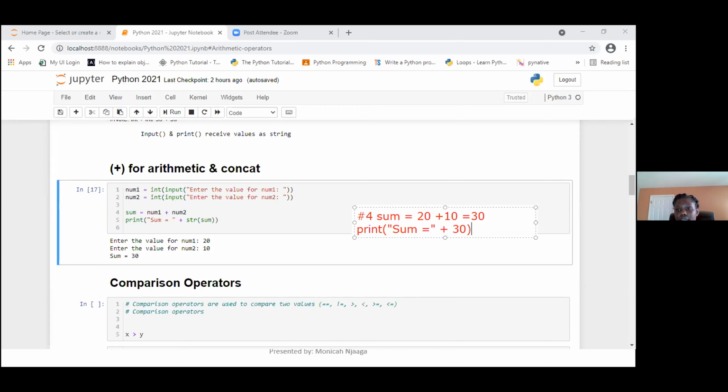You're either concatenating two strings or two integers, you have to have like terms. So that is why we had to change this 30, which is coming in the variable called sum. We are converting it into a string.